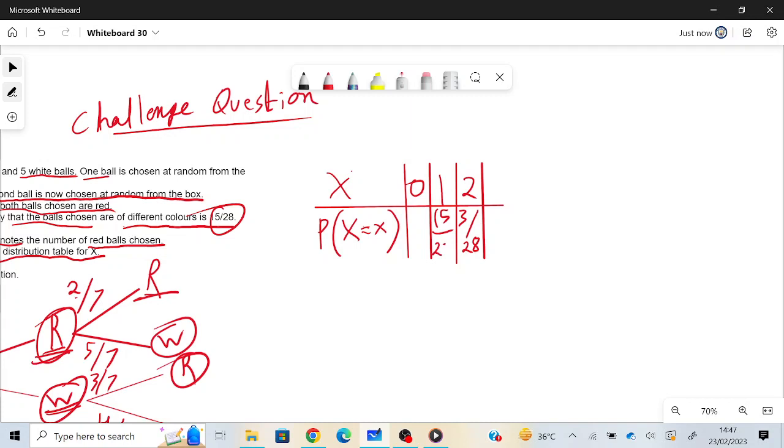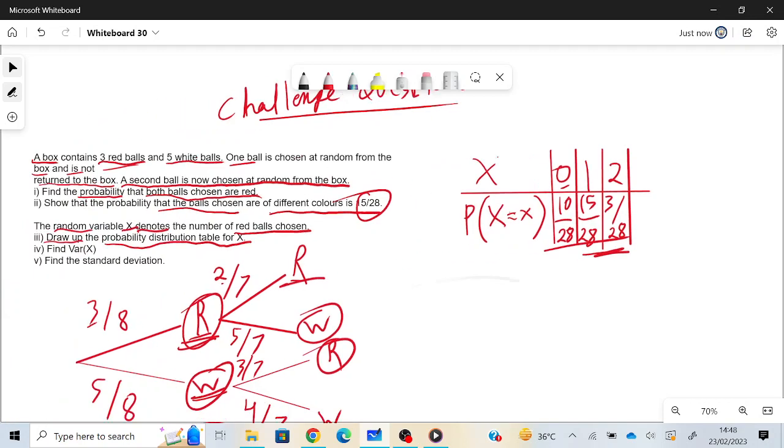And then for the 0, you can just add these two and subtract it from 1. So 1 minus 18 over 28, and that should give, if I'm not wrong, 10 over 28. Yep, 10 over 28. So that's the probability distribution table done.